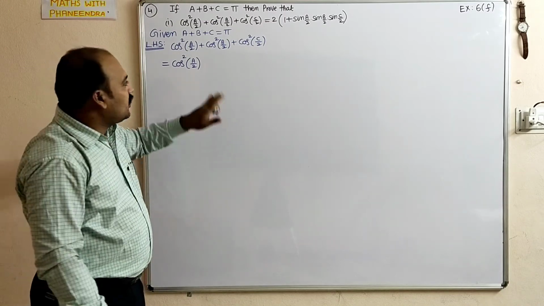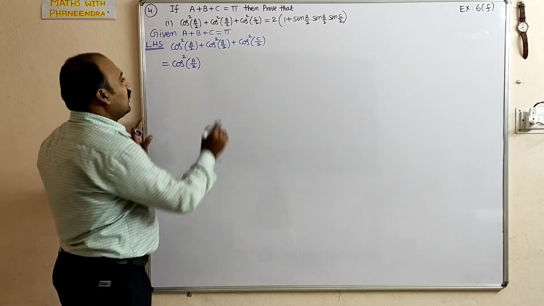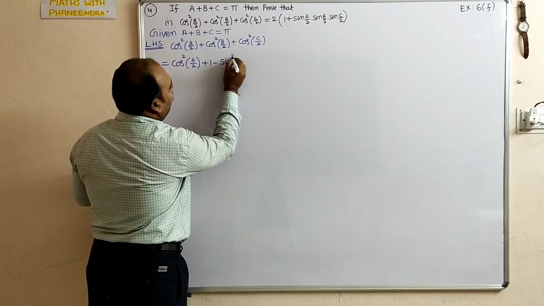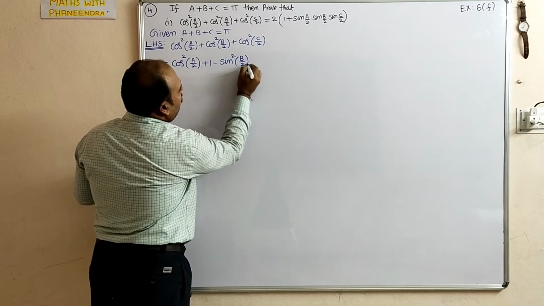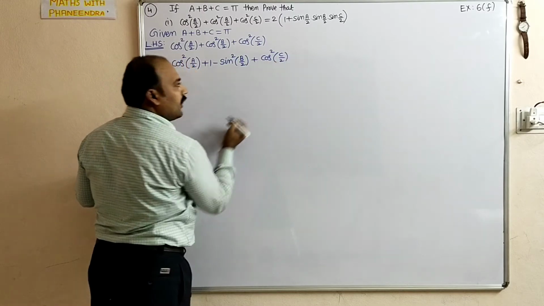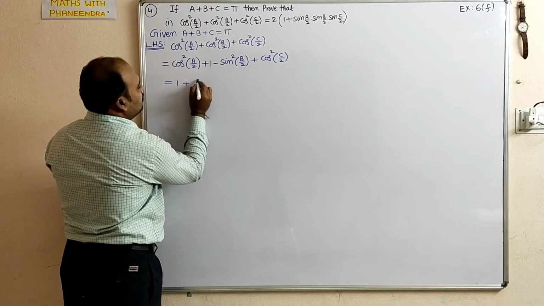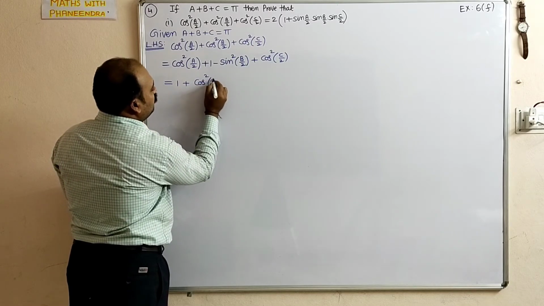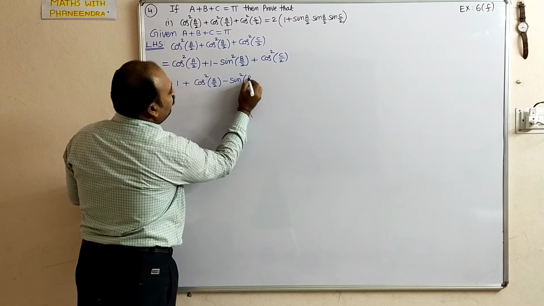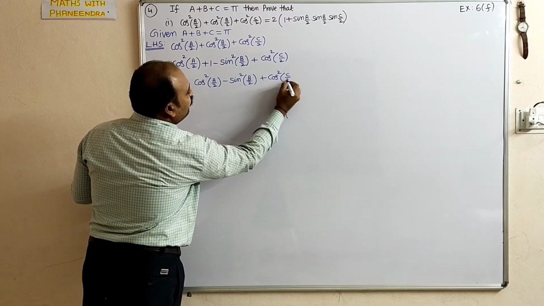So here also, cos square B by 2 in terms of sin, we write as 1 minus sin square B by 2, plus cos square C by 2. Now 1 plus cos square A by 2 minus sin square B by 2 plus cos square C by 2.